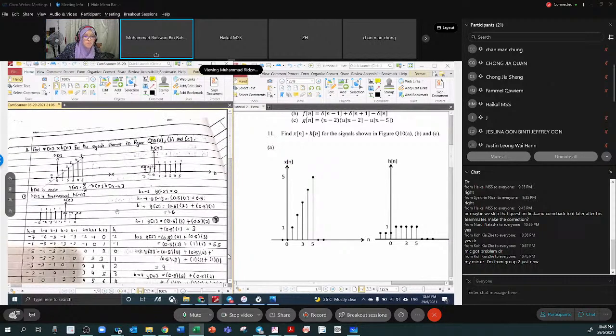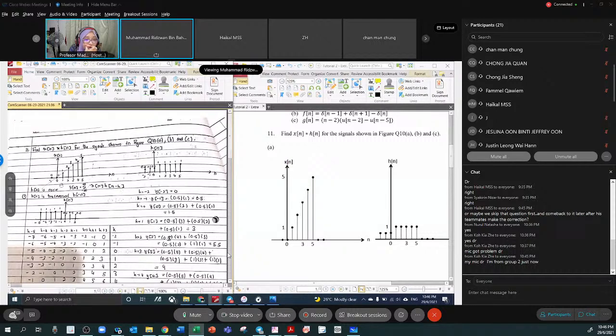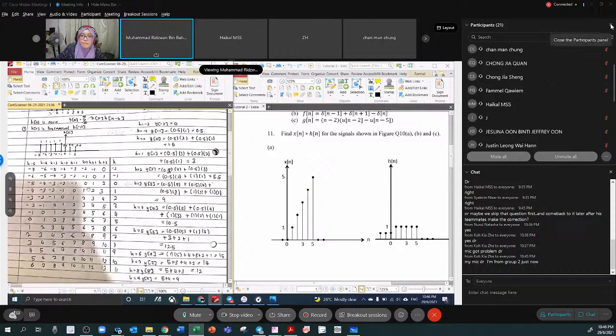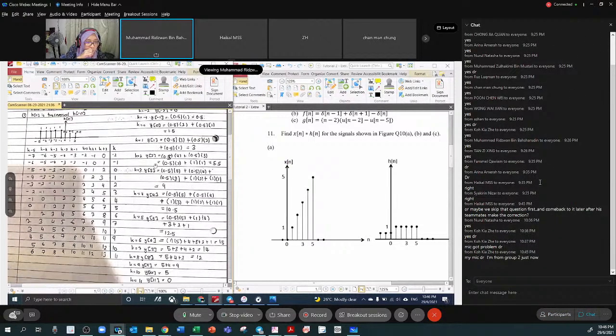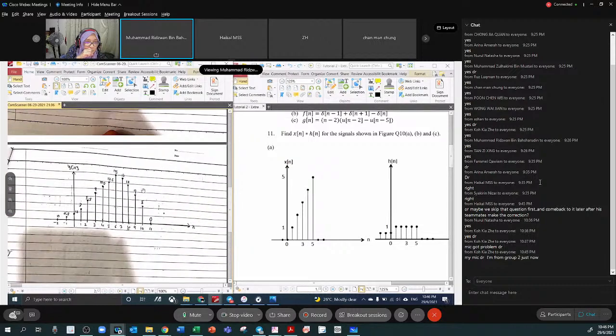For the answer, I use the convolution sum since both of these graphs are discrete signals. So I put this equation, the summation infinite x n times h n minus k. So here is the table, the key table that I made. So after that, I plotted it to this graph.